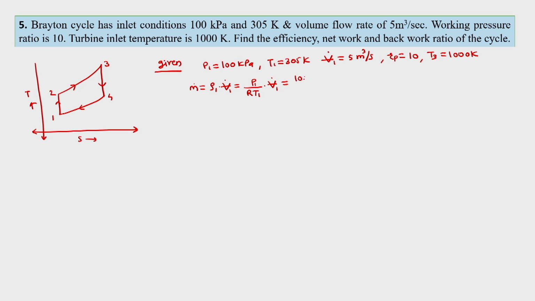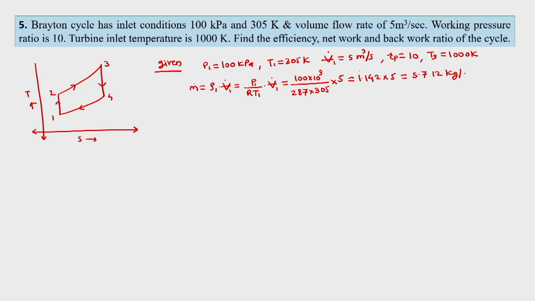So P1 is 100 kPa upon R for the gas, 287 joule per kg Kelvin, and temperature is 305 Kelvin, which gives us density as 1.1424 kg per meter cube, and then this density into 5 as mass flow rate.